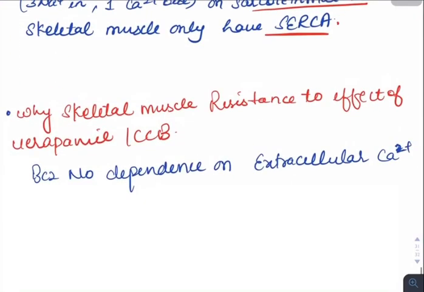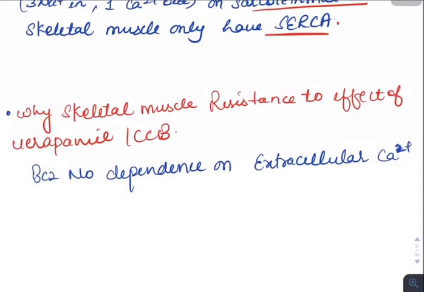Now there's always one question: why are CCBs ineffective in skeletal muscle? Because skeletal muscle doesn't depend on extracellular calcium. The cell is depolarized only by the action potential, and it doesn't need extracellular calcium to start contraction.